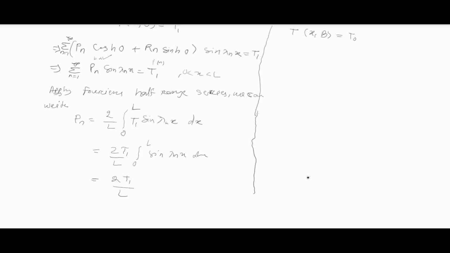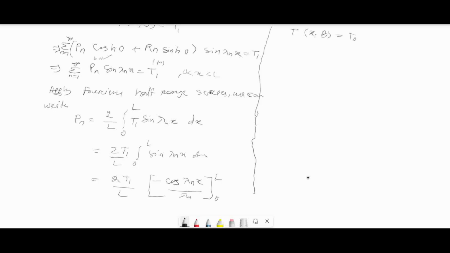So if we take this one from 0 to L, we'll directly write it here. Sin(lambda n x) gives minus cos(lambda n x) by lambda n, and the limit is 0 to L. Clear?